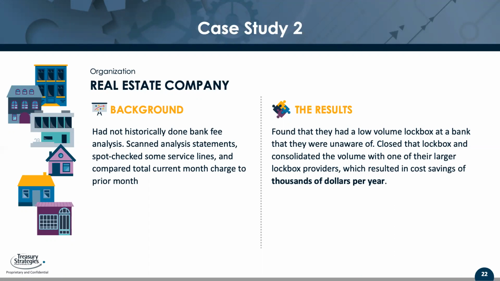So they closed out that lockbox and consolidated the volumes with one of their larger lockbox providers. Since lockbox tends to have very high fixed costs, which really costs you if you have low volume, they were able to realize cost savings of thousands of dollars just off of that one item alone. So there can be, again, some real powerful value propositions here.